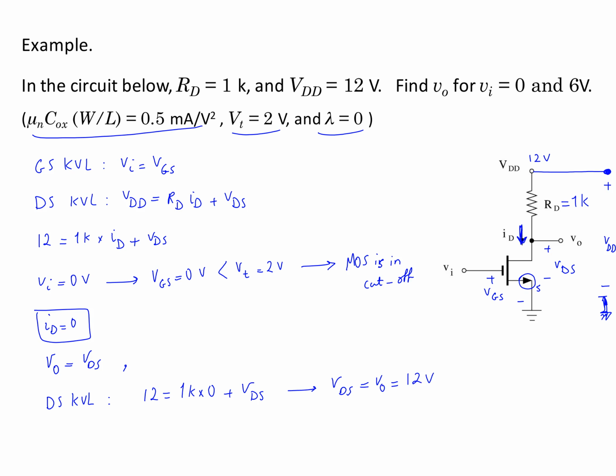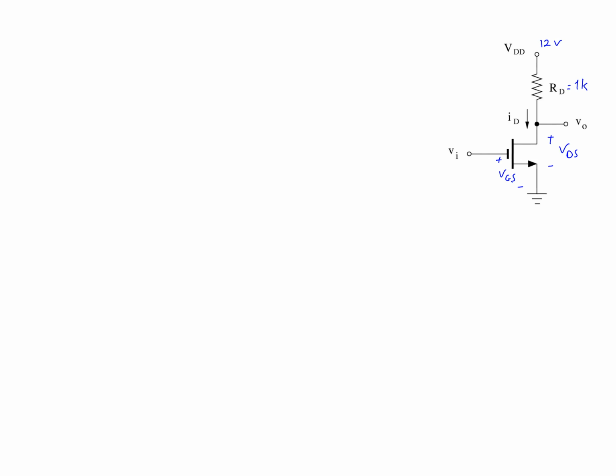Let's find the value of output voltage for the case of input voltage being equal to 6 volts. So again, from gate to source KVL, I have VI equals to voltage of gate to source. From there, I have VGS of 6 volts.